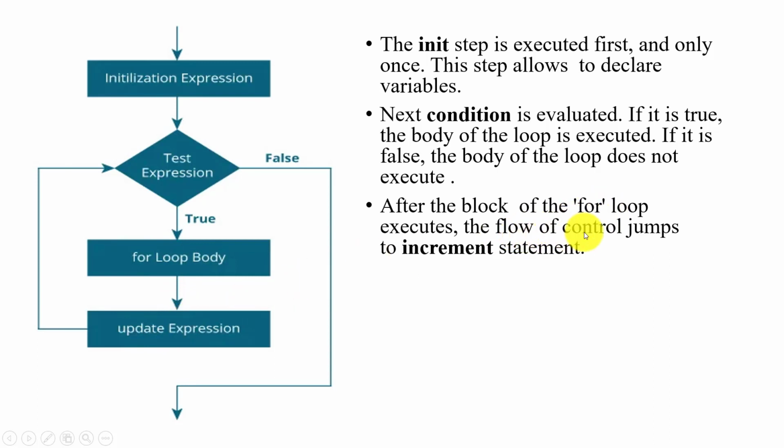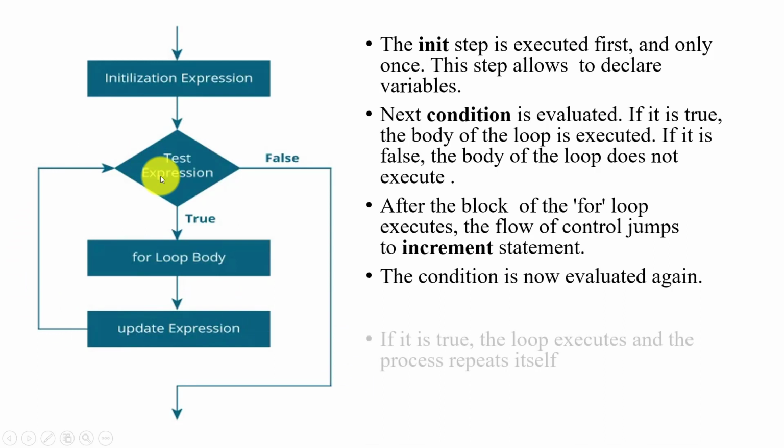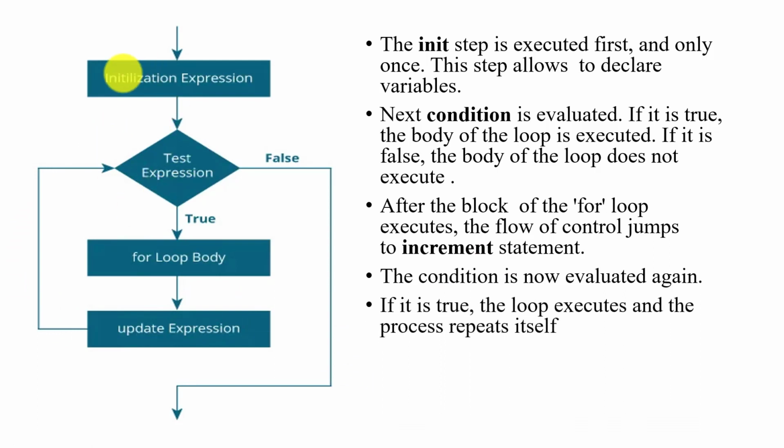So after that the flow of control jumps to the increment statement, and after this update or increment, again the test condition is going to be evaluated. If this condition is true, then the block of this for loop is going to execute. Again the update, again the test condition.